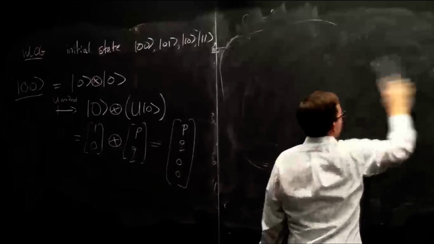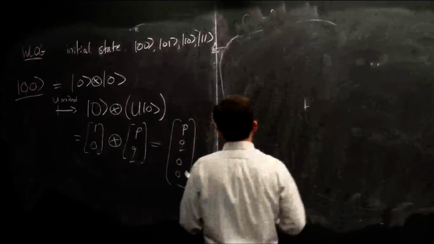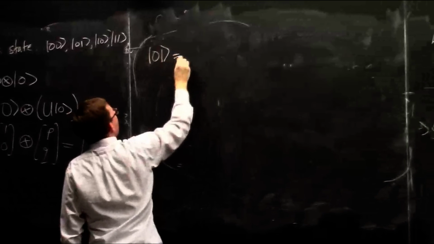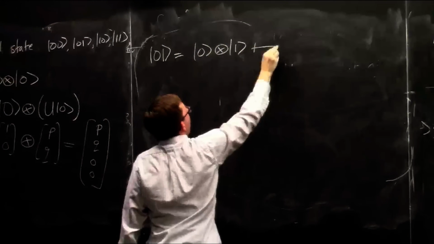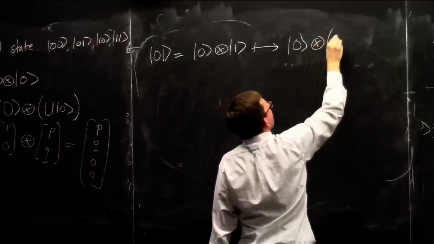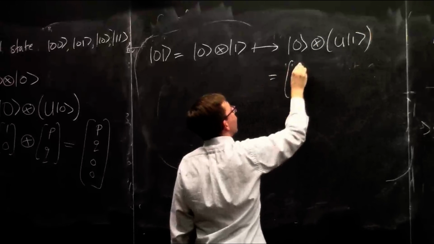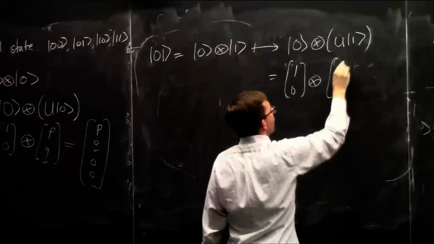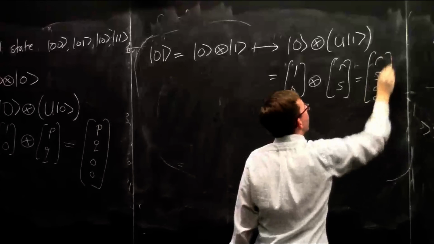Now we just have to work out 3 more things like this, which I'll do rather quickly. If you're in state 0 1, which is 0 tensor 1, this maps to 0 tensor U1, which is 1, 0 tensor the second column of U, which is RS, which is RS 0 0.